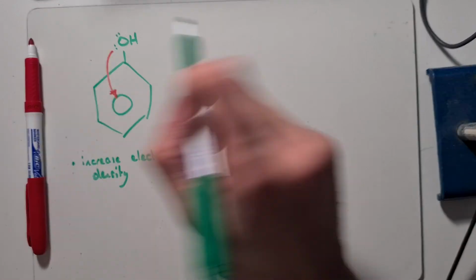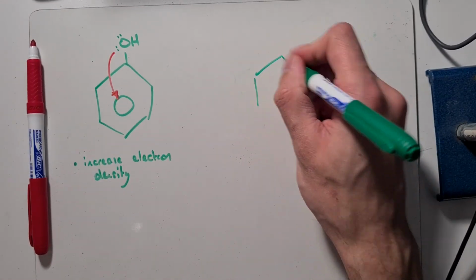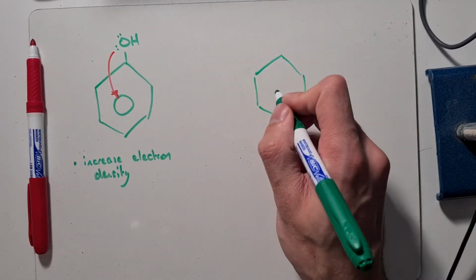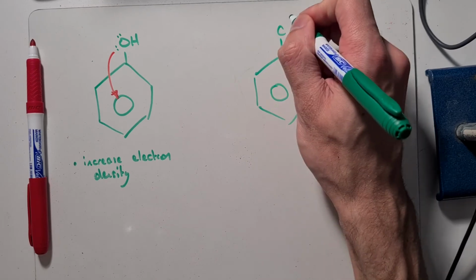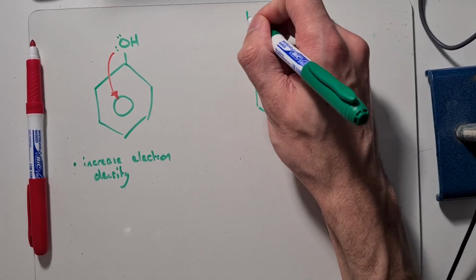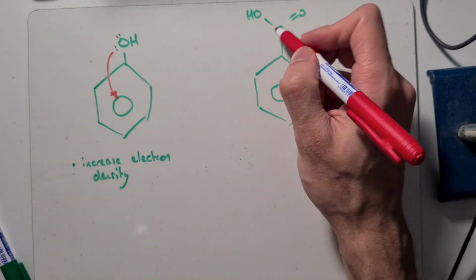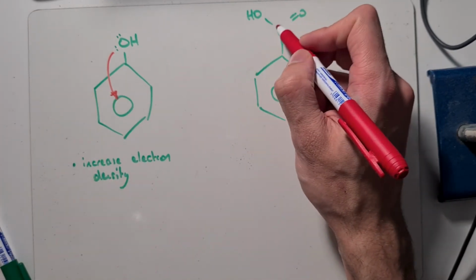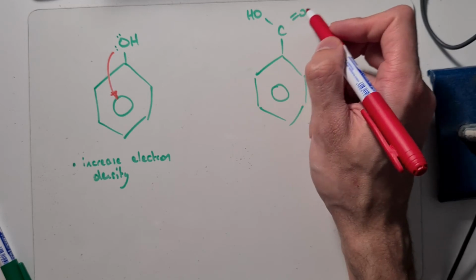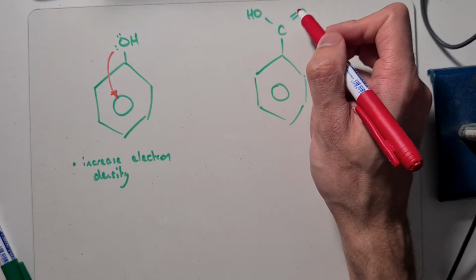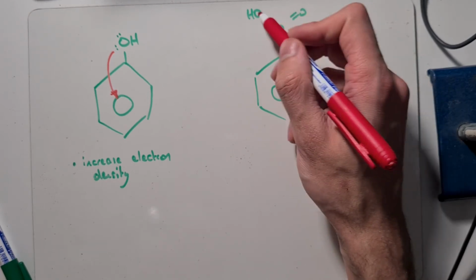If we compare that to benzoic acid, this is a carbon bonded to an oxygen here. They're both going to be taking electron density away from the carbon.